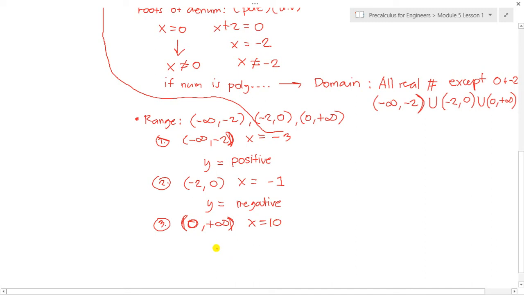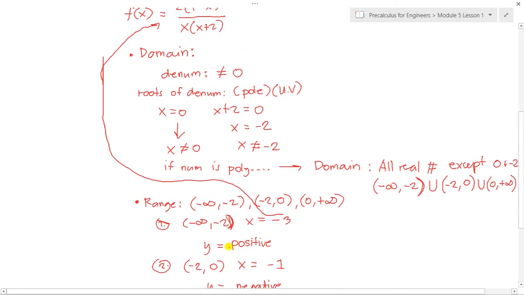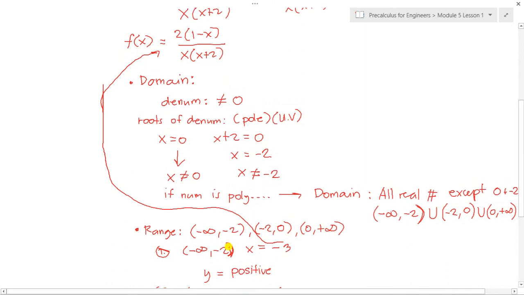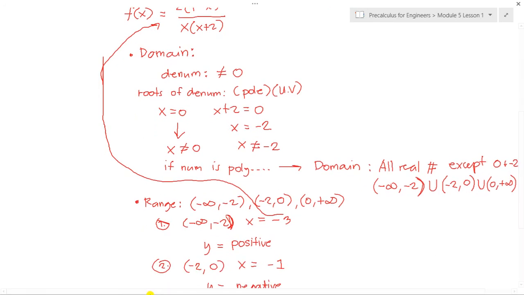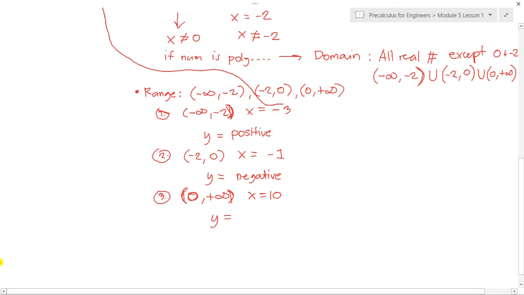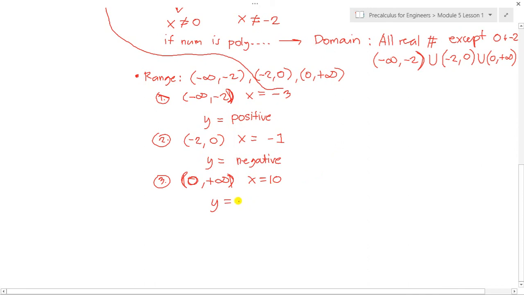So we have here y equals, unsa may answer ani. 2 times 1 plus 10, and then all over 10 times 1 minus 10. So 1 minus 10 multiplied by 10 plus 2. So our answer is negative. So therefore, our third assumption is negative.